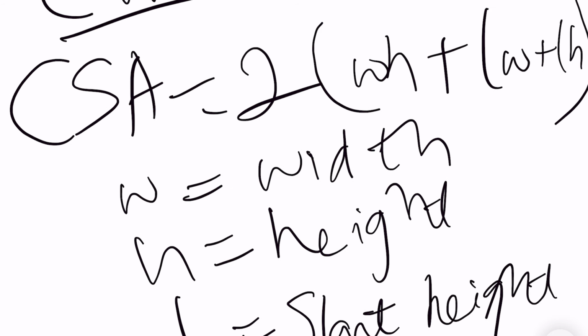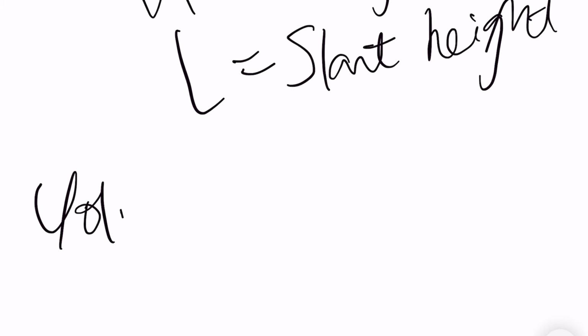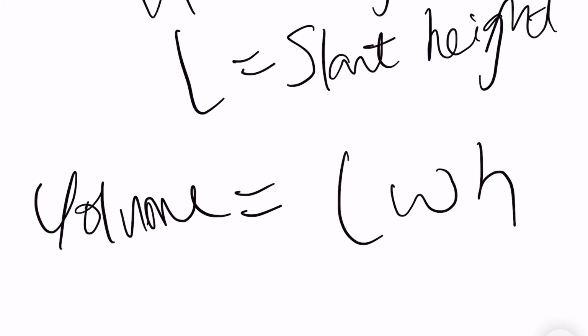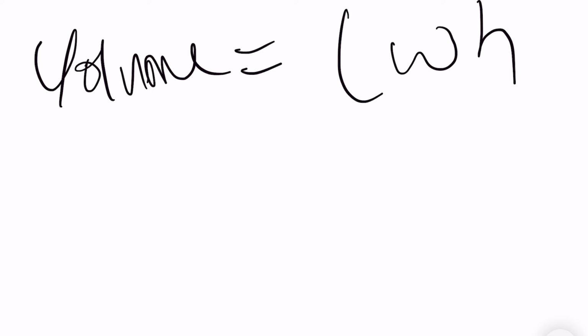This is the formula for the curved surface area of a cuboid. A cuboid does not have the total surface area. Now for the volume, we have LWH, which is the length times the width times the height, multiplied together.